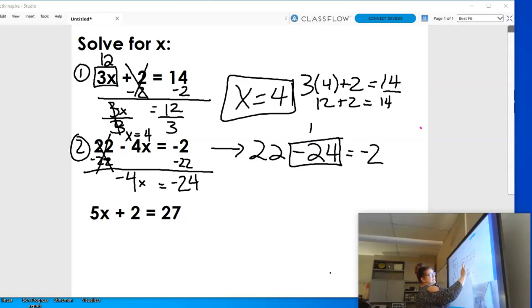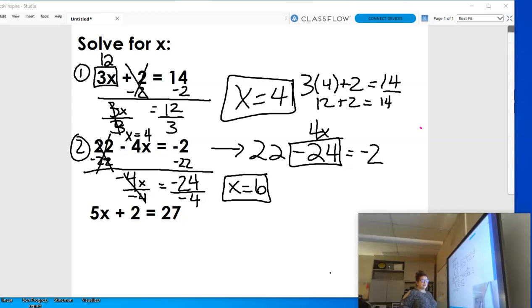Remember that this was a 4x here. So it's saying that 4x has to have the same value as 24. So when I think about negative 4 times something to get me negative 24, again, we can undo that multiplication by dividing. So we get x equals 6.